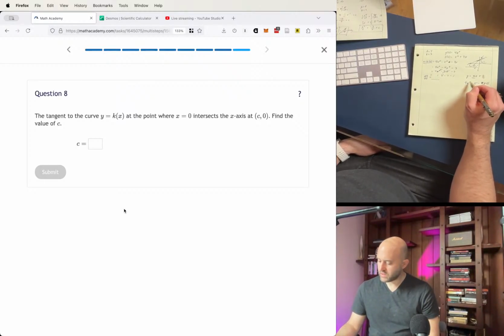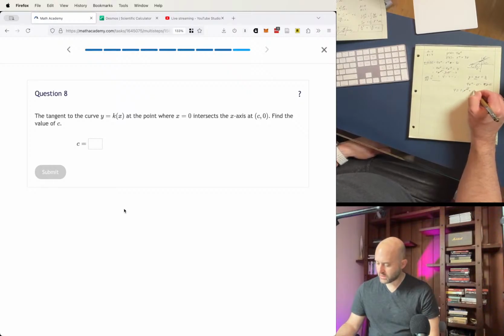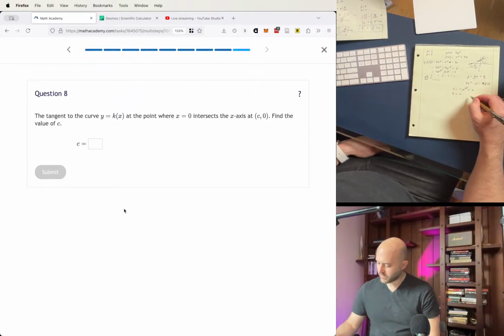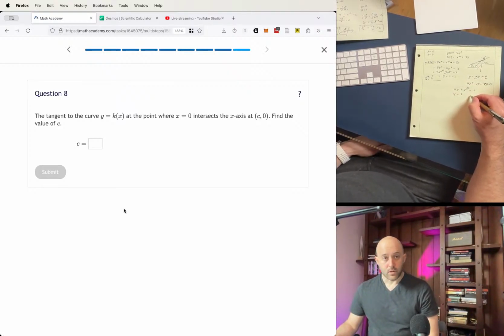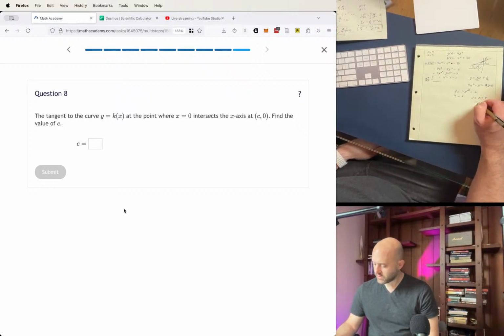So this is 4. So y equals 4 is equal to 1 times x, which is 0, plus b. So b equals 4. Plug that back in. We're looking now for when y equals 0, which is equal to c times 1 plus 4. So c equals negative 4.